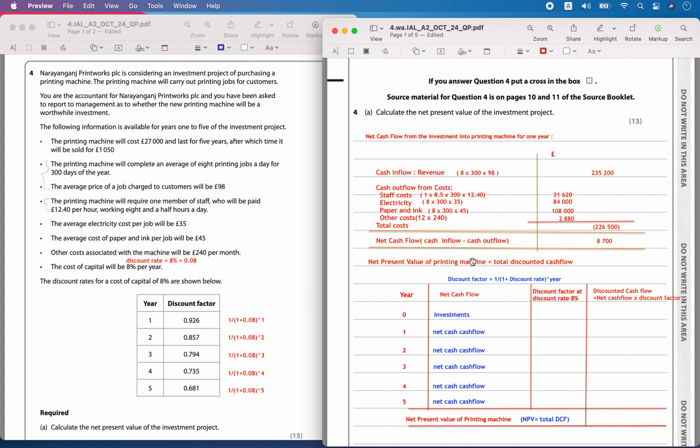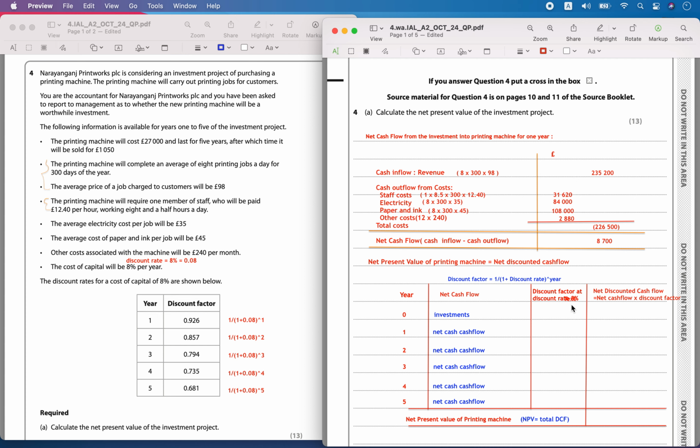Now let's start calculating the net present value of the machine from the net discounted cash flow. First one is the investment.